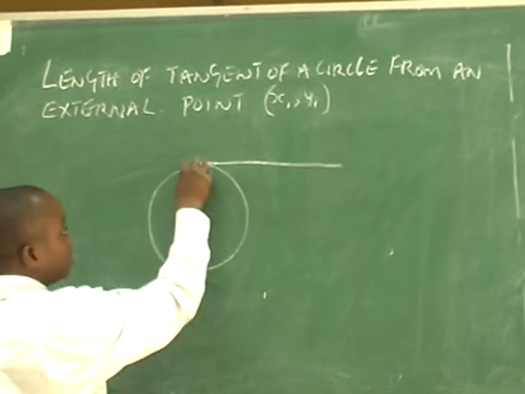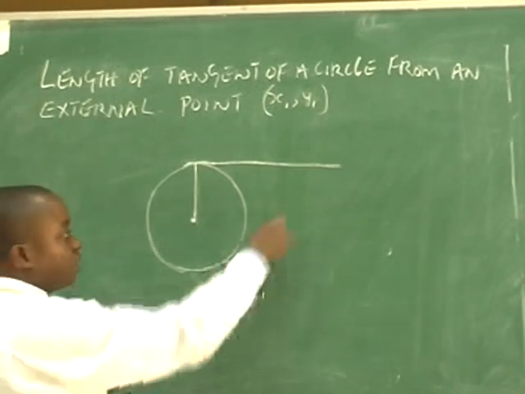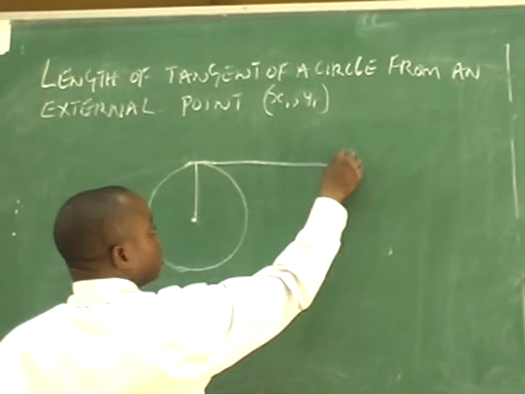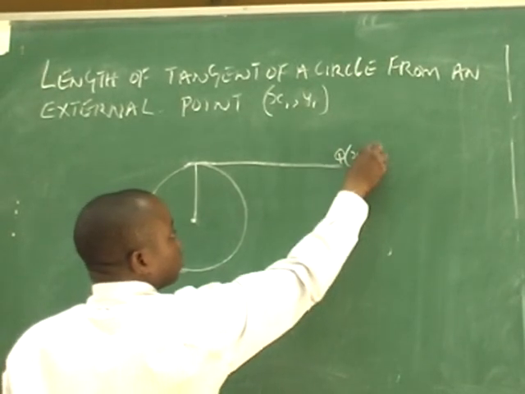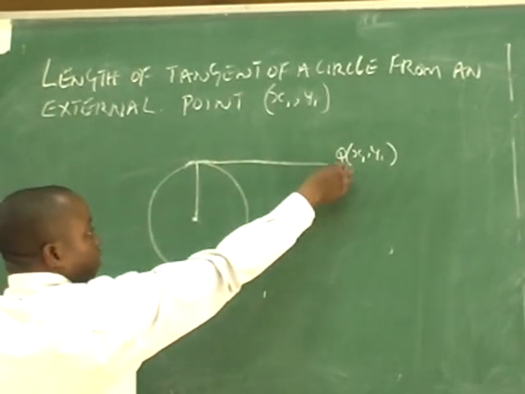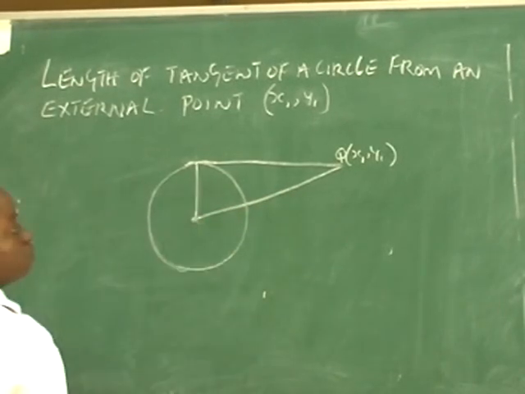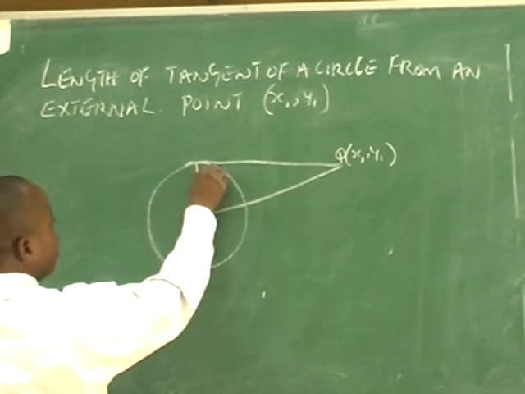So, our interest here is to know the length of this tangent. If this is a point, call this point Q, and it has coordinates x1, y1, and if we join this to this point, we see that we have a right angle triangle.